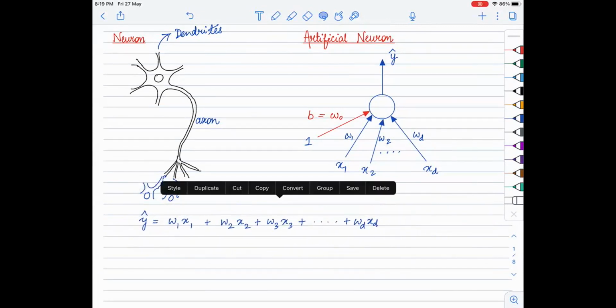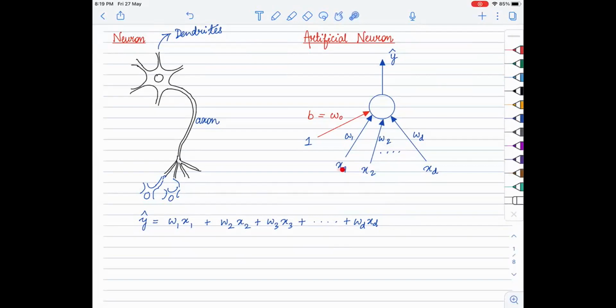This is the computation, a linear sum: w1 x1 plus w2 x2 plus w3 x3, up till wd xd. What you're doing is multiplying each of the inputs with its corresponding weight. This w stands for weight. What these weights are is a separate question, and we'll answer that later on.